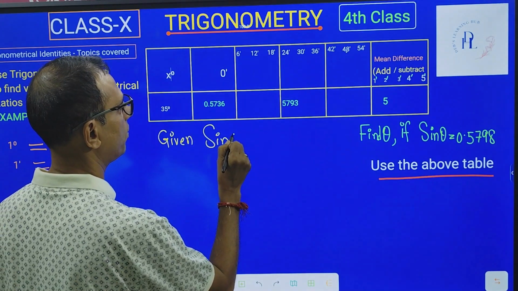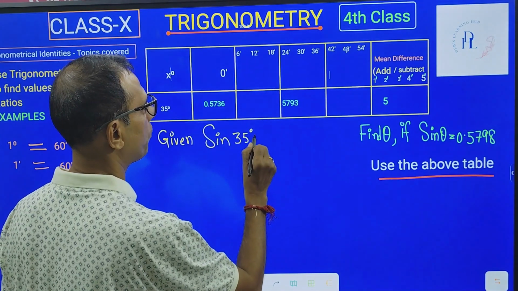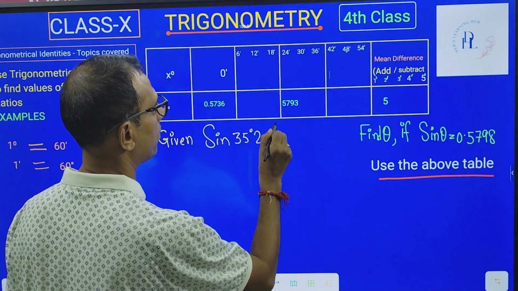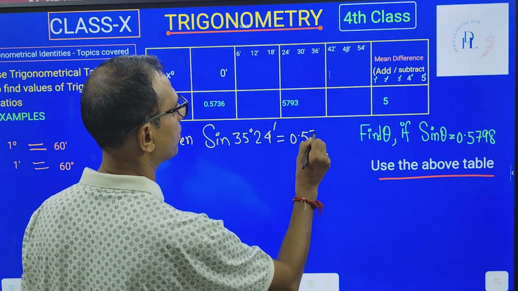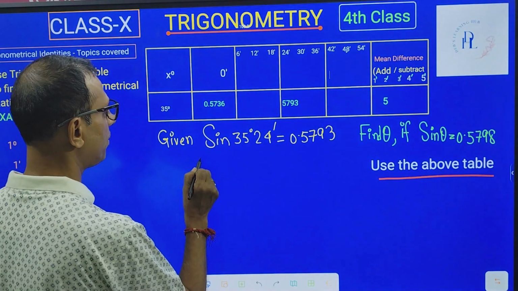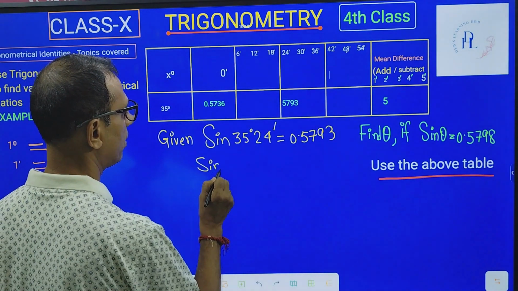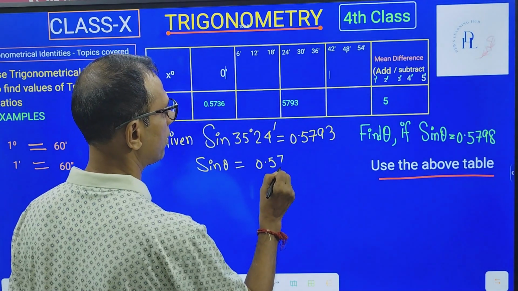Given sine of 35 degree 24 minute, the value from the table is 0.5793. Very easy, if you understand it. The value given for sine theta is 0.5798.